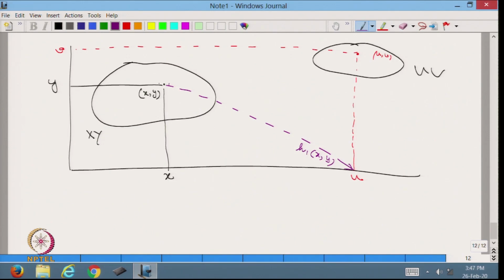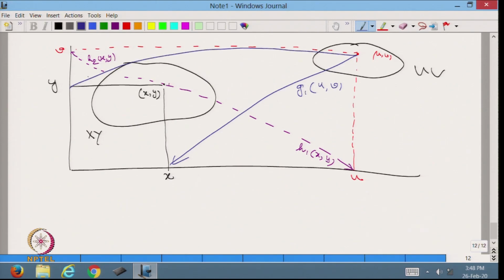In a similar way, we have another mapping to v, which we are calling h2 of xy. Since these are unique, we get inverse mappings from uv to x, which we have named g1 of uv, and in a similar way to y, which we are calling g2 of uv.